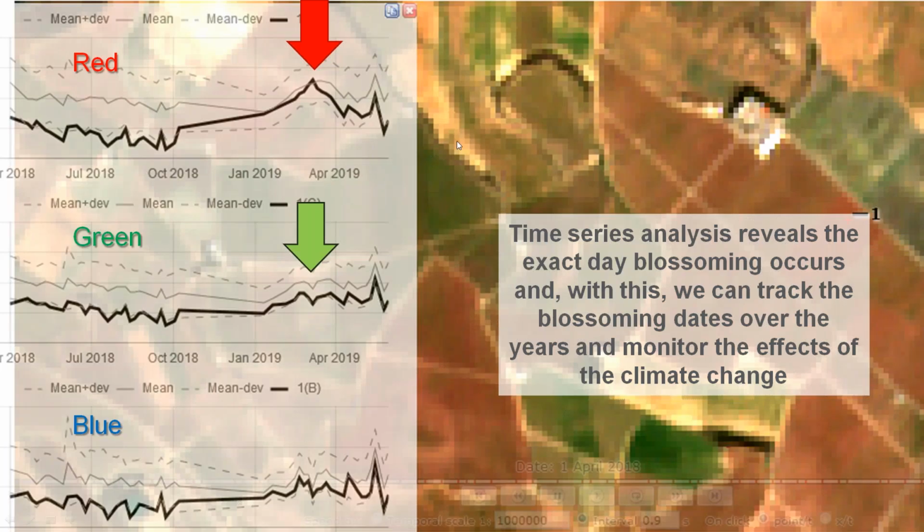So just analyzing the time series of the different colors captured by the satellite, you are immediately able to detect here in the red that there is a peak. This is the flowering season that you were looking for. So definitely that can complement the observations from the citizens on the ground.